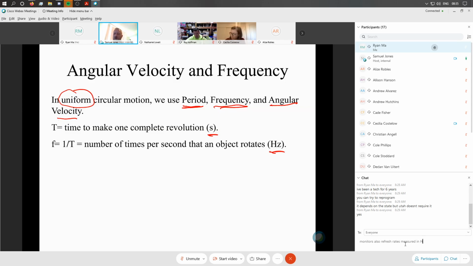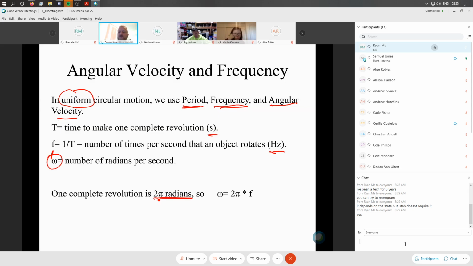Okay, the final one is angular velocity. Angular velocity, as we said before, is represented by the Greek character omega, and it is the number of radians per second that the angle is traversing. Now, omega and frequency are related because one complete revolution is 2 pi radians.